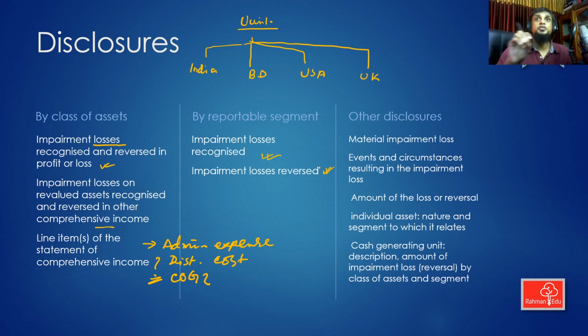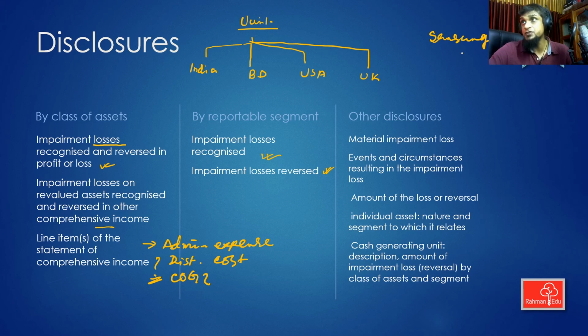That's an example of geographical segmentation, but there can be other types of segmentation apart from geographical segmentation, like product segmentation. Think about Samsung.